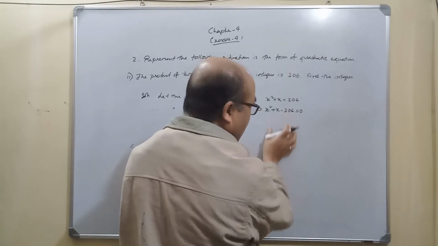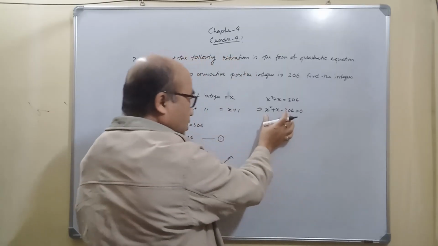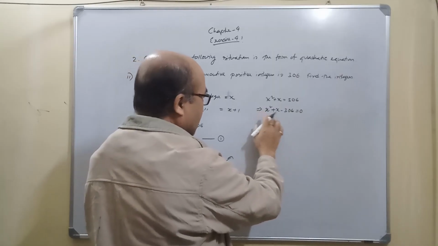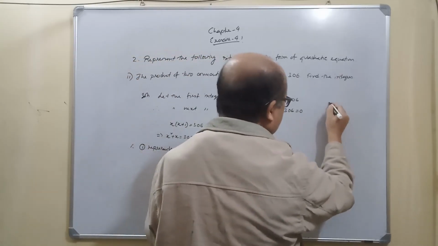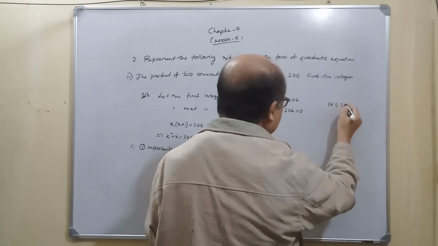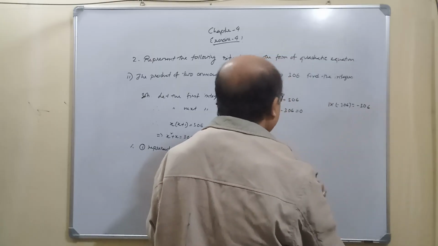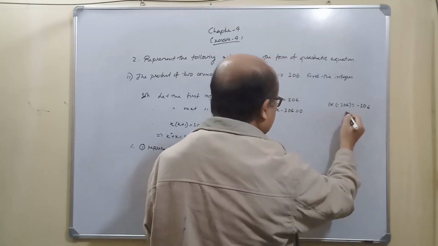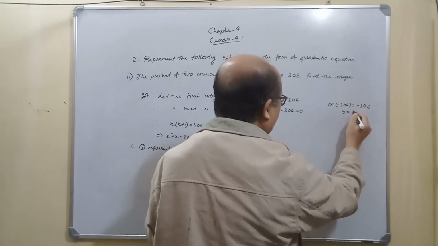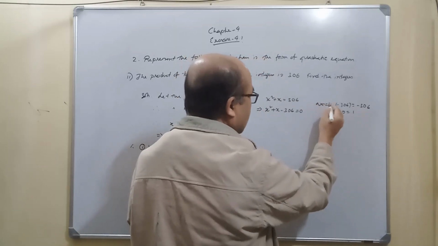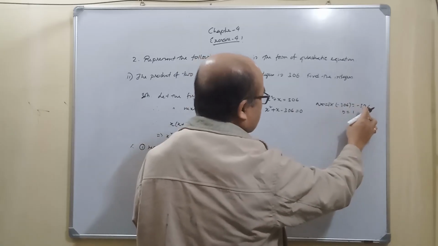To solve it by factorization, what do we do? We take the coefficient of x square into c, so it is 1 into minus 306, which is minus 306.